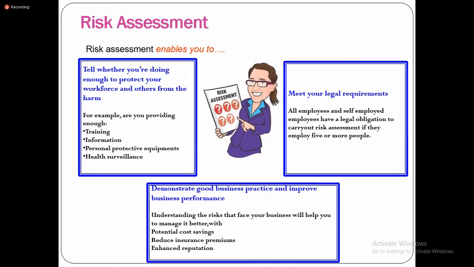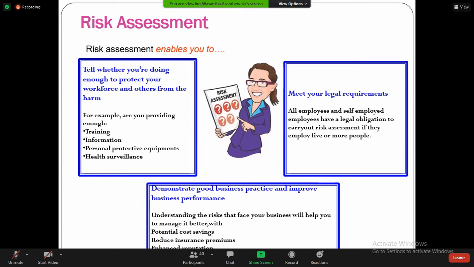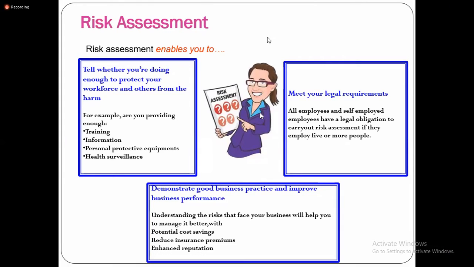You can manage properly and you can save costs also. Because if there is property damage, or if people get hurt or injured, then there will be a cost involved with that. But you can reduce those types of costs.